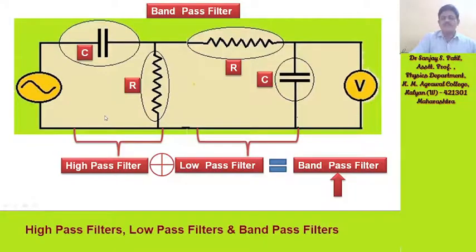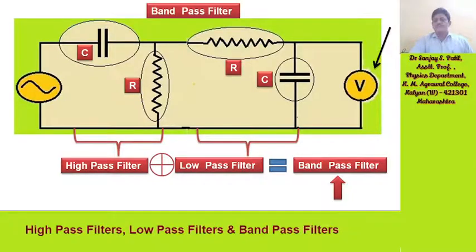We have to provide frequency from this frequency generator to this band pass circuit. The whole of this is a band pass circuit. Now we apply frequencies one by one, from low to high, from this frequency generator and measure the voltage with the help of this voltmeter.